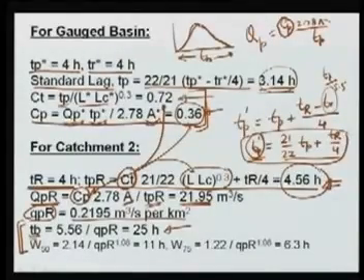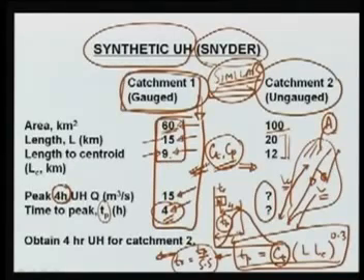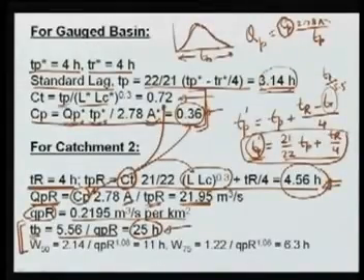So TB can be given by 5.56 divided by QPR, and it comes out to be 25 hours. In this case, 25 hours seems to be a little small, because we have earlier seen that the unit hydrograph for catchment 1, which is gauged and is smaller, has a time base of about 40 hours. So this 25 hours seems to be a little small, and we will increase it later when we plot the curve.